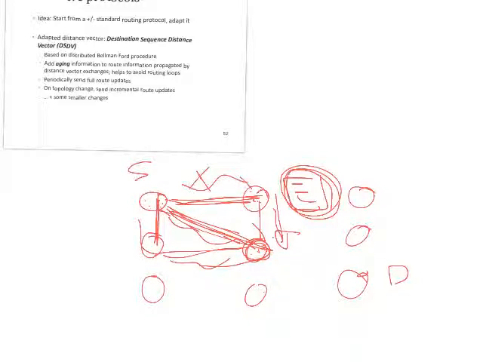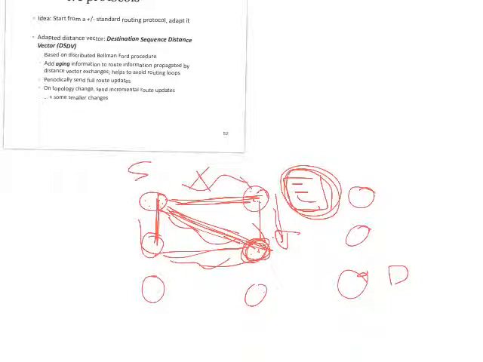Okay, so that's why it's distributed, and it's asynchronous in the sense that these updates get sent asynchronously. They don't have to be synchronized in any way. It's totally distributed. And the algorithm is very simple.